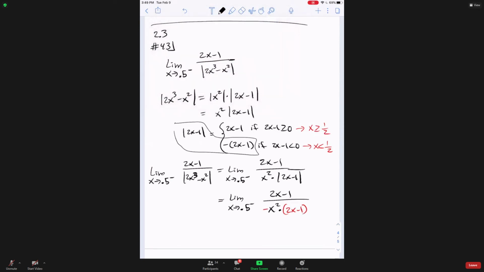What happens here is, because it's left of 1/2, the absolute value of 2x minus 1 is the opposite of 2x minus 1. And that's really the hardest part. From here, you should be able to take it. The 2x minus 1s cancel out. So you have the limit as x approaches 0.5 from the left side of 1 over negative x squared. You just plug in 0.5, so you get 1 over 0.5 squared, with a negative sign. So the answer ends up being negative 4.